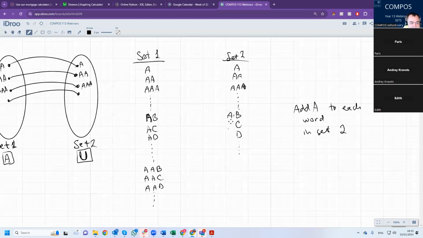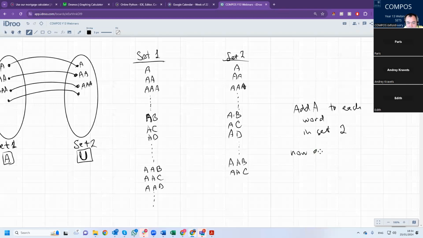So it becomes AB, AC, etc. And you can see that each element in set 2 has an equivalent in set 1.